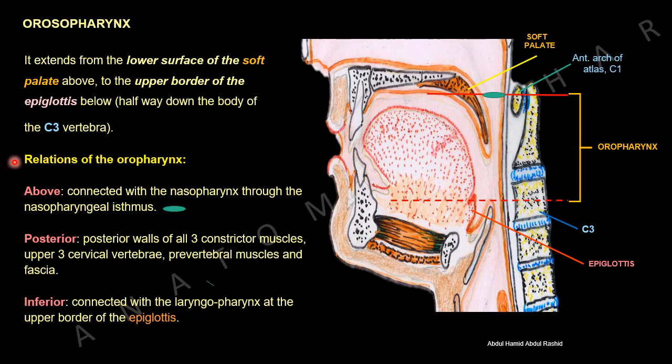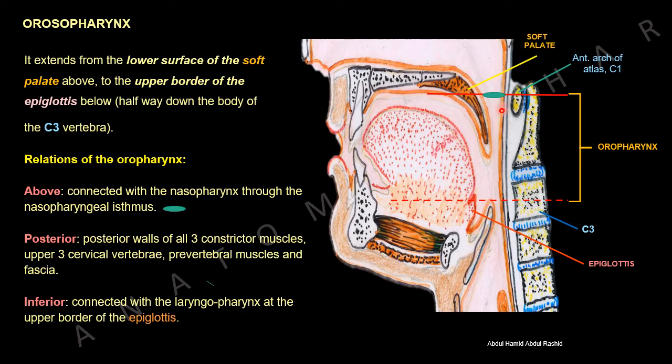Relations of the oropharynx. Superiorly, that is above, it is connected with the nasopharynx through the nasopharyngeal isthmus. Posteriorly, it is related to the posterior walls of three constrictor muscles.